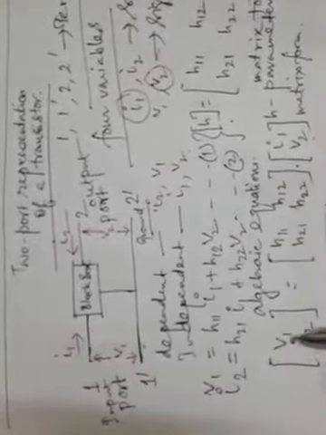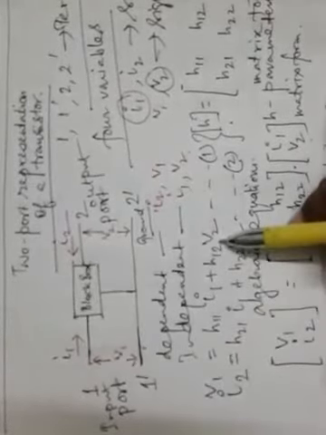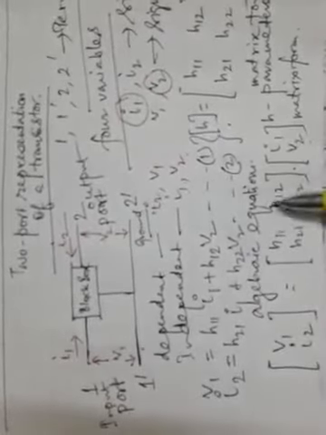So let us check. V1 is equal to H11 into I1 plus H12 into V2. This is the first equation, and then I2 equal to H21 I1 plus H22 V2. This is the second equation. So these two forms are equivalent.